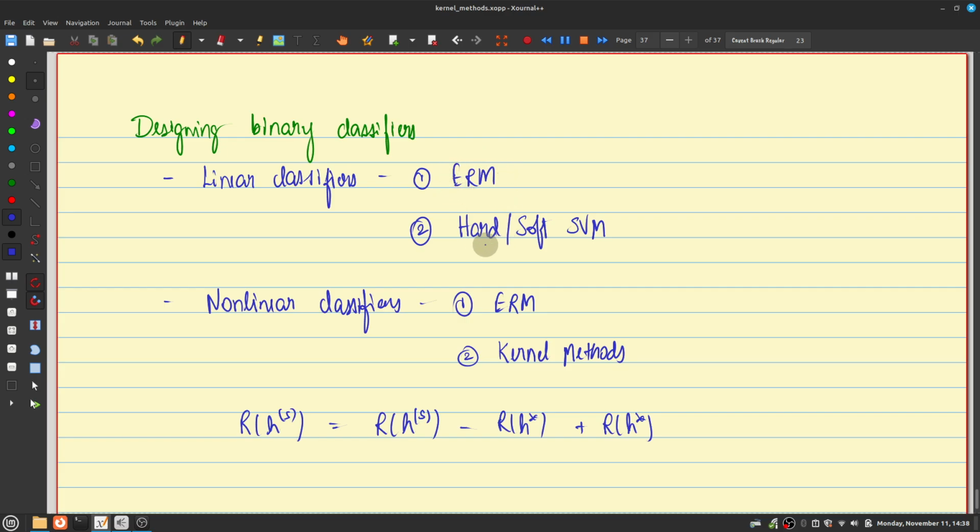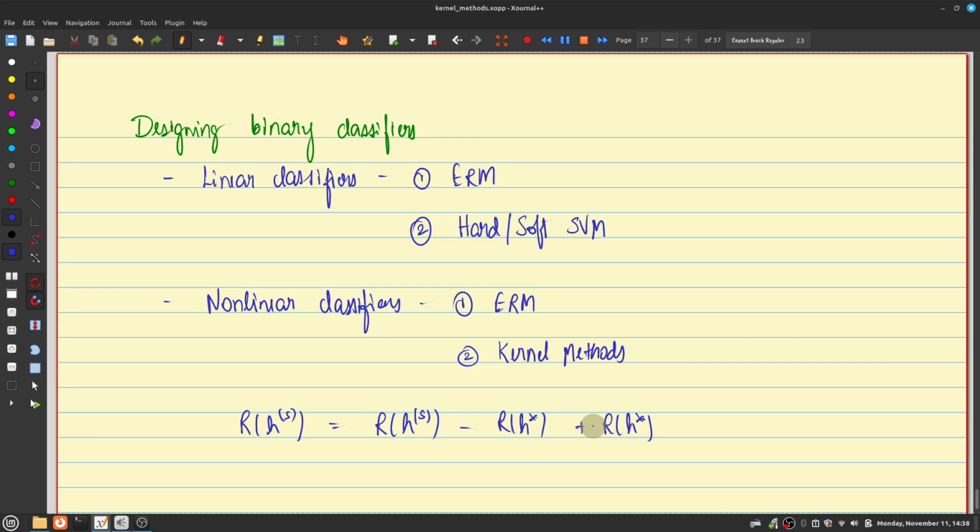Whether you use ERM or hard or soft SVM, you can make the first term as small as possible by increasing the number of samples. But then the approximation error, which is R of h star, may be fairly large because your classifier is not expressive enough, because it isn't rich enough.